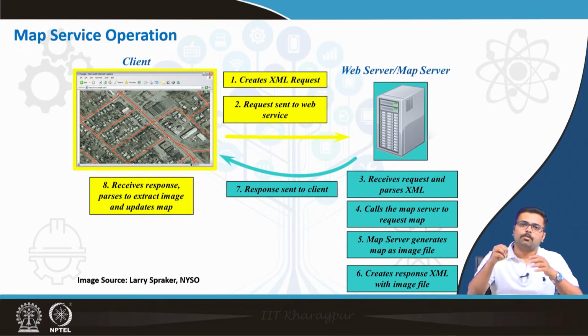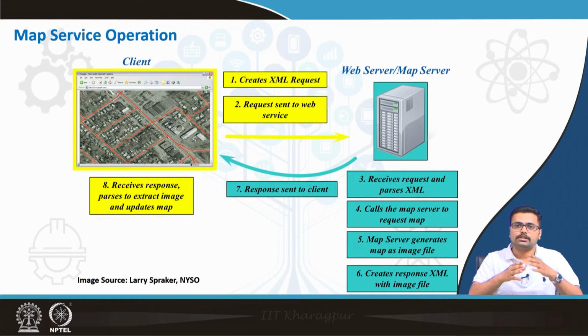That picks up what particular request the user is asking for, and then it also goes into the data and searches for a particular data, and then calls the map server to request the map, so that the requested map and the fetched map from the DBMS are matching. Then the map server generates the map as an image file.